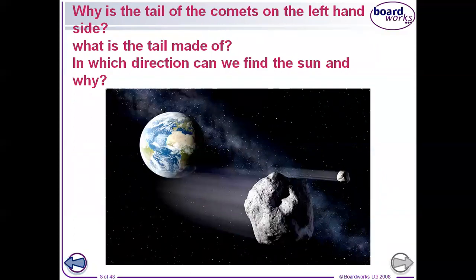Now, what do you see in this picture? Why is there a tail? What is the tail made up of? In which direction can we find the sun if you look at this? In the picture here, this is actually a comet. Did you notice that the tail is like a vapor?